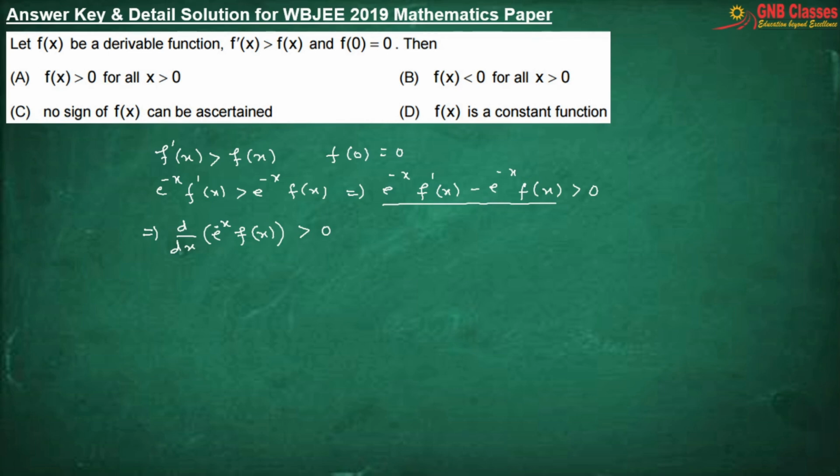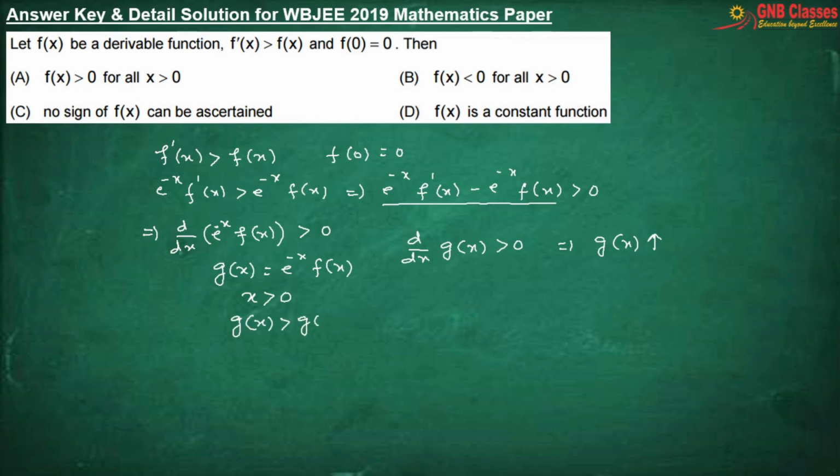If I consider g(x) as e to the power minus x f(x), then d/dx of g(x) is greater than 0 implies g(x) is an increasing function, right? If g(x) is an increasing function, then if x is greater than 0, g(x) will be greater than g(0).